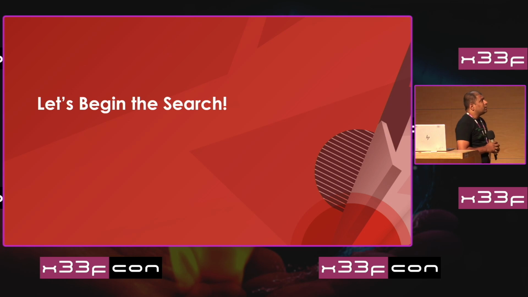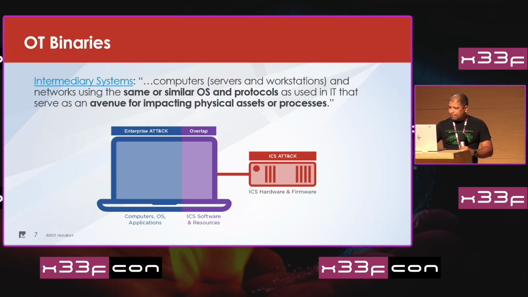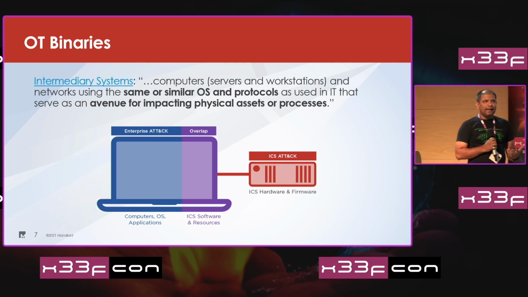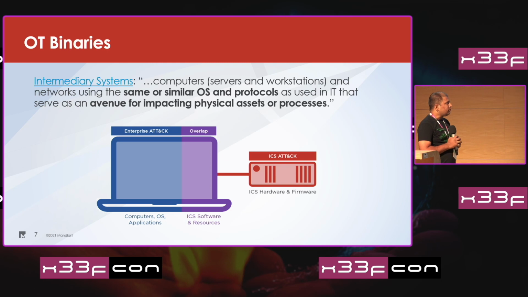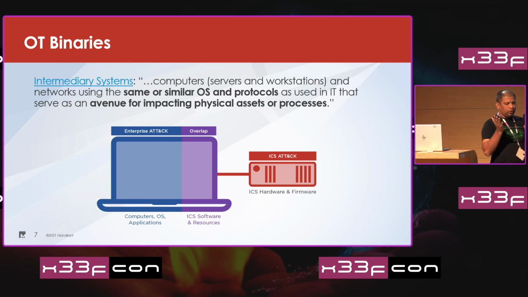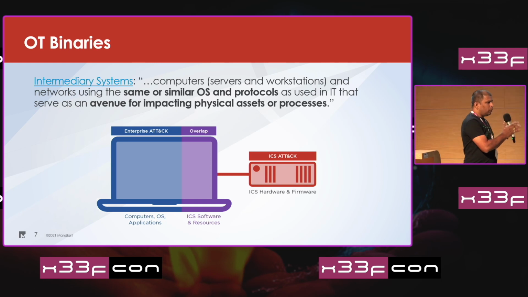So let's begin the search. Some basic graphic understanding of what exactly OT is and where exactly it sits in our whole internet architecture, or for that matter, ICT. Most of the time, OT is sitting in between your normal network and a specific network.